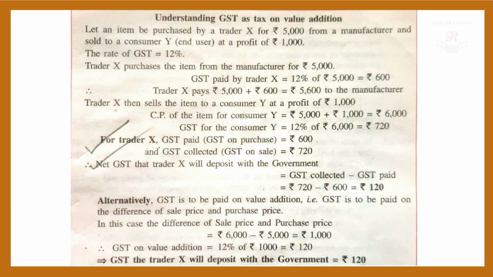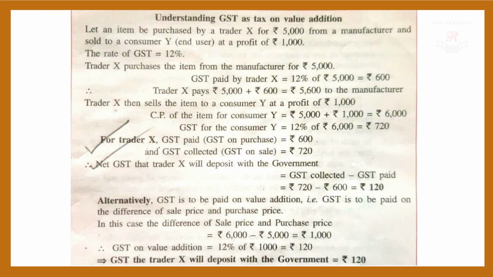Now for trader X, GST paid while purchasing is 600 and GST collected from the user is 720. This 600 is called an input tax and 720 is called an output tax.